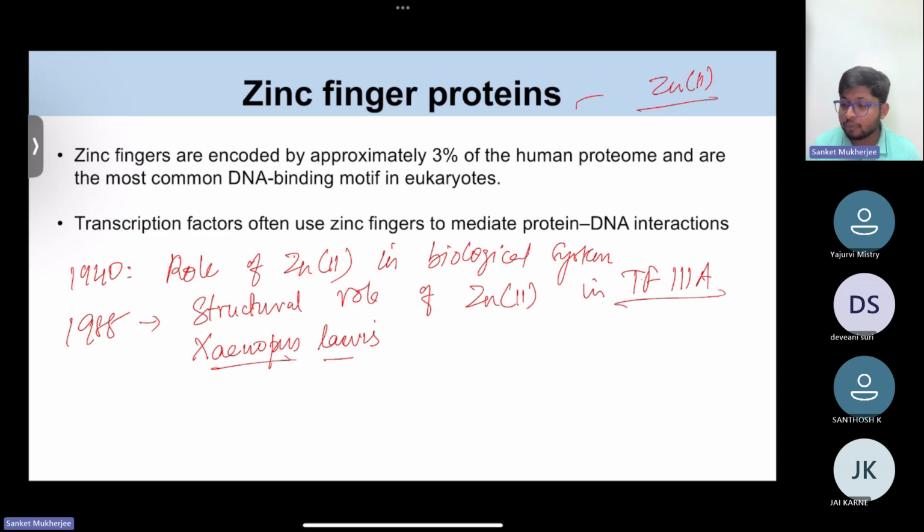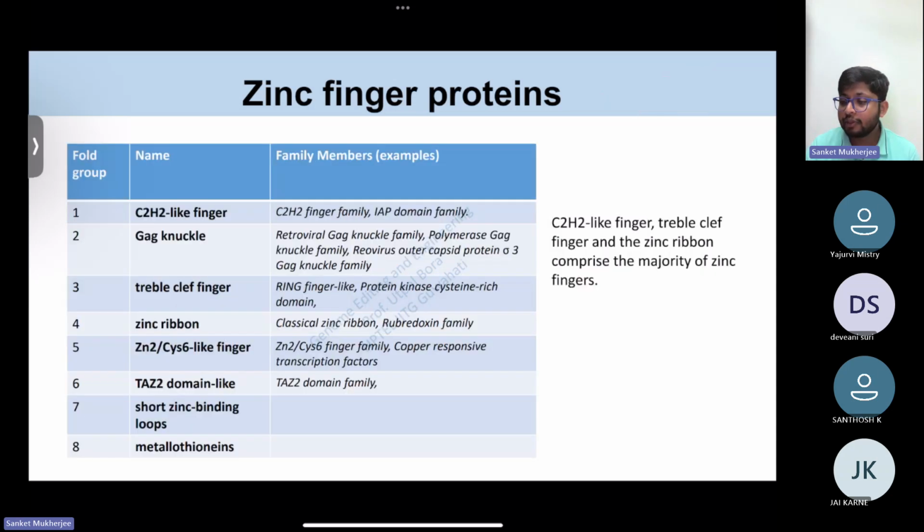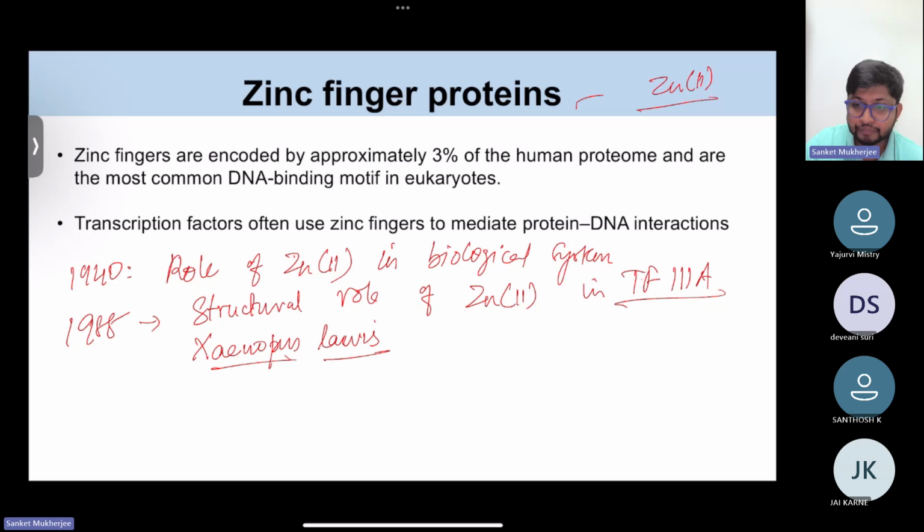Now, we are talking about zinc finger proteins. These are very important proteins in DNA binding. It's basically a 30 amino acid repeat. Out of these 30 amino acids, 25 are in the loop with the zinc in the middle, and the remaining five are basically linkers.